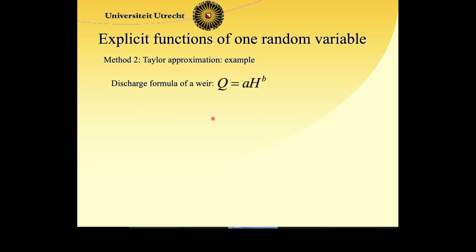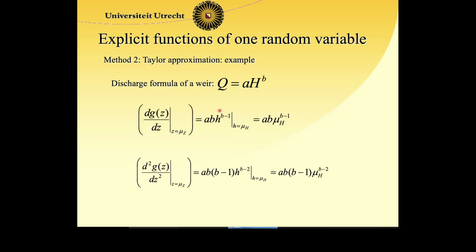First, we're going to get the first and second order derivatives, which we need in the first order approximation of the variance and the second order approximation of the mean. So this is h to the power of b. If we take the first order derivative, we get ab h to the power of b minus 1.